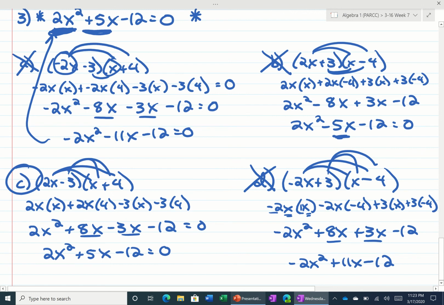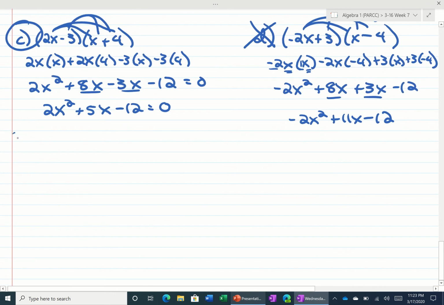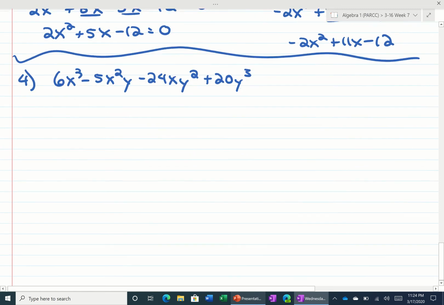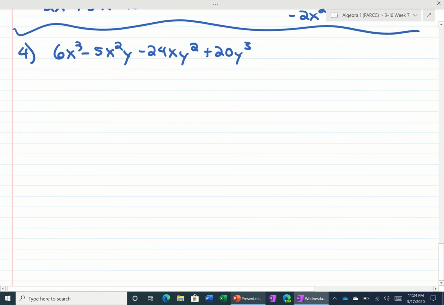Let's move on to the next problem in our packet, number 4. It says consider the expression 6x cubed minus 5x squared y minus 24xy squared plus 20y cubed, and it's asking us to figure out which ones are the same.